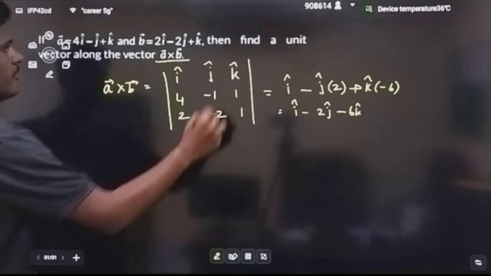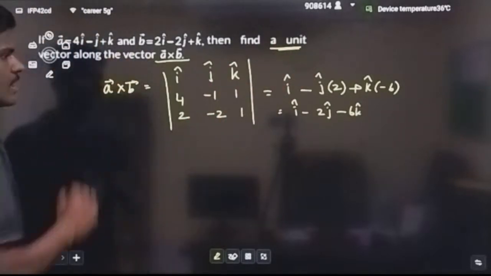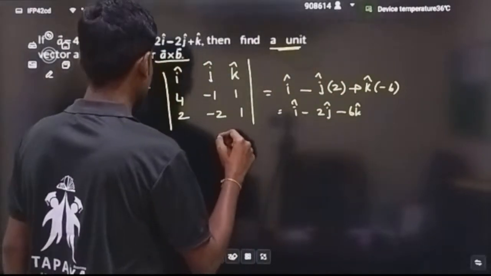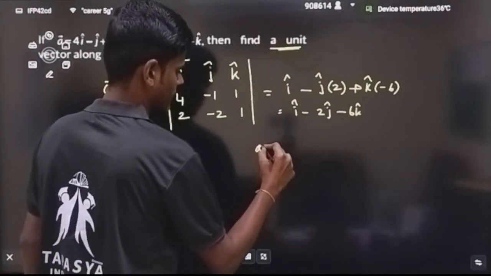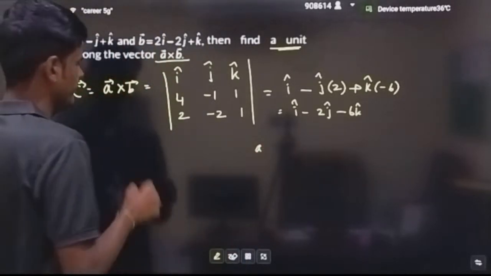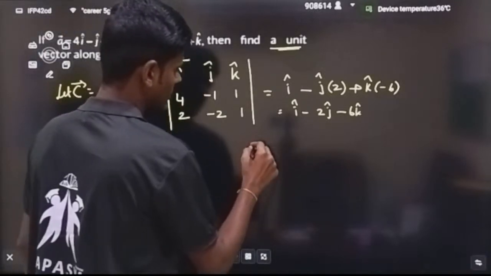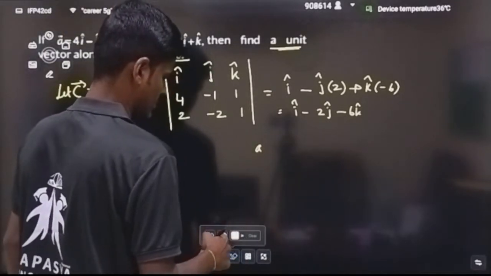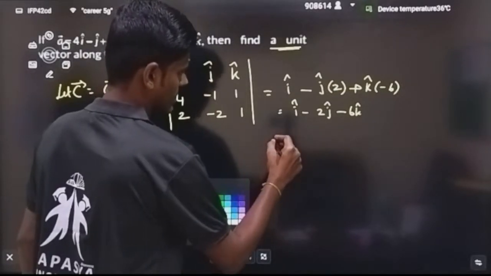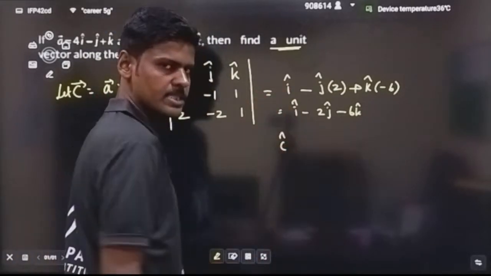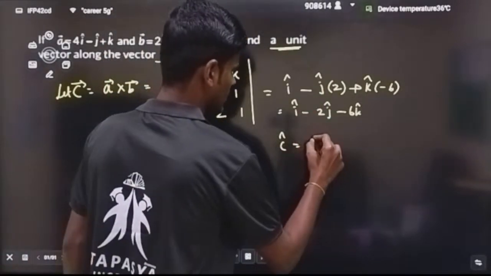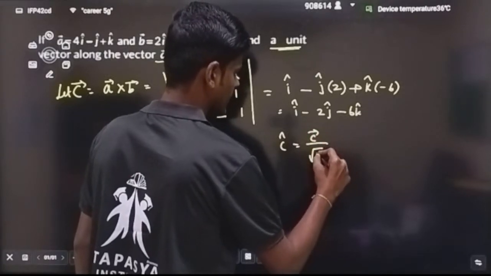Okay, now what do you need to find? Find the unit vector along the vector. Along the vector means in the same direction as this vector. So required answer is a cross b. Let's take this vector as c vector. Then we need to find c cap, which is defined as c vector by modulus c vector.